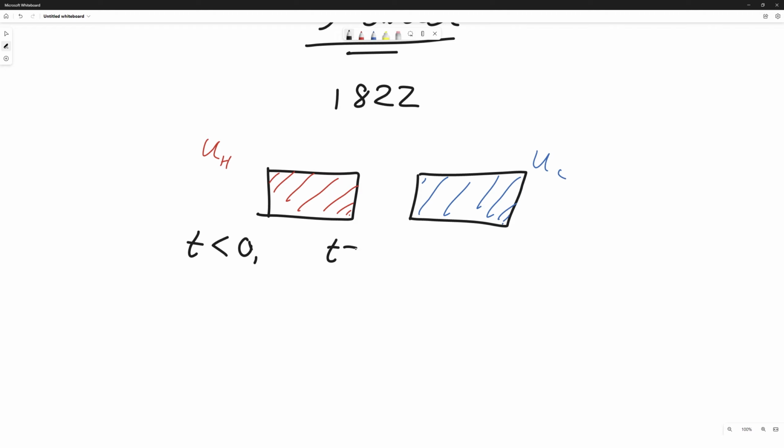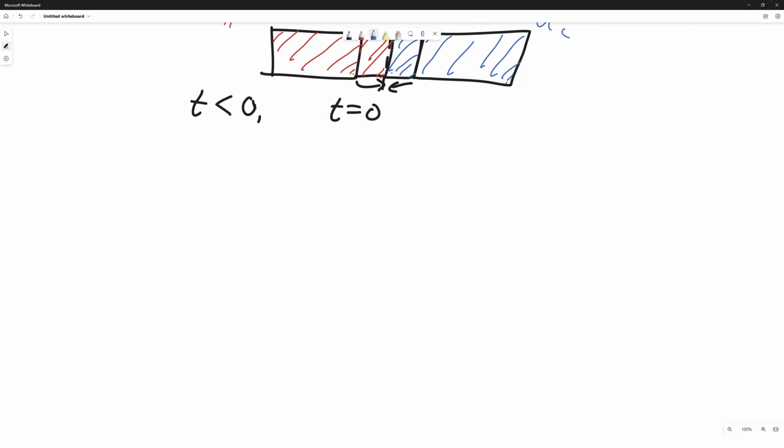At time equal to 0, these two are brought together and they touch, right? And now when they touch, we have a direct interface. And he wanted to know how the heat would transfer and dissipate or distribute itself over the rod over time.